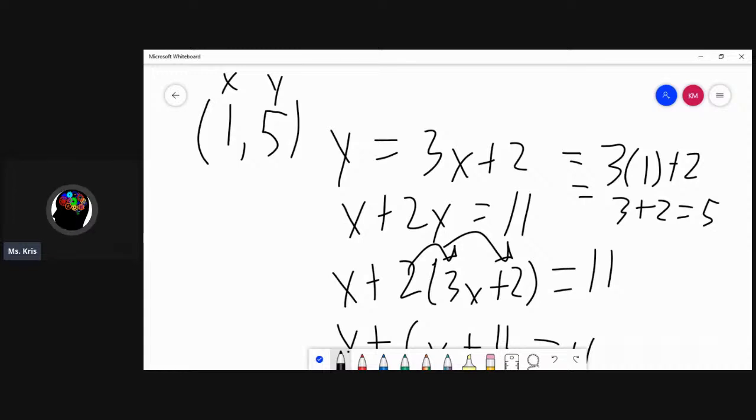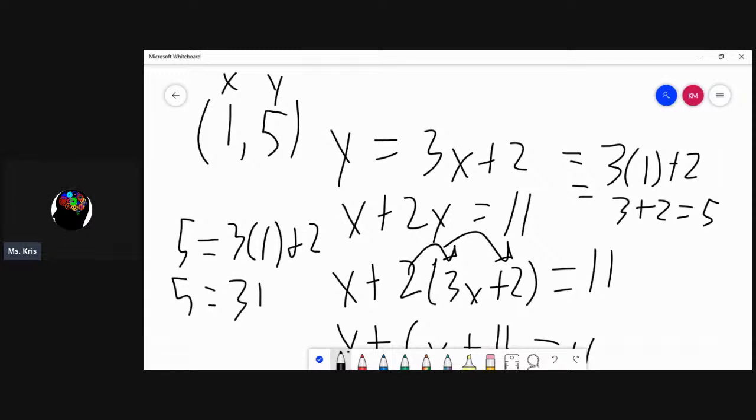How do I know that that is my answer? Well, 5 equals 3 times 1 plus 2. 5 equals 3 plus 2, and 5 equals 5.